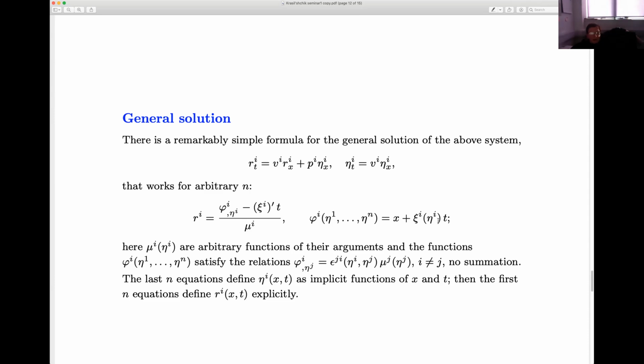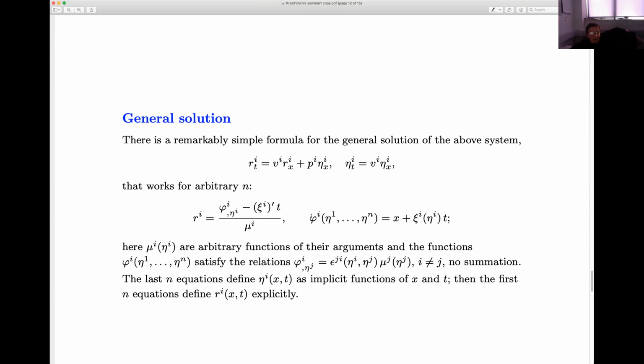What are these psi i of eta i? These are soliton velocities. These functions we know, right? This is known to us. Okay, and this psi i prime are derivatives of these functions by the argument, right? So these coefficients we also know. I need to explain what these phis are. All right.